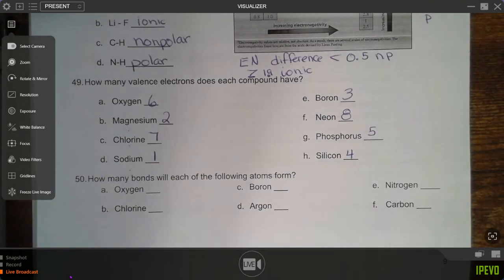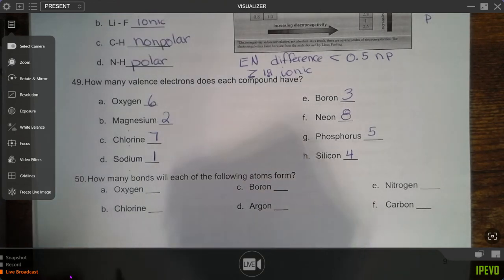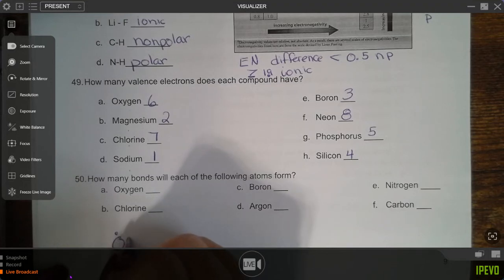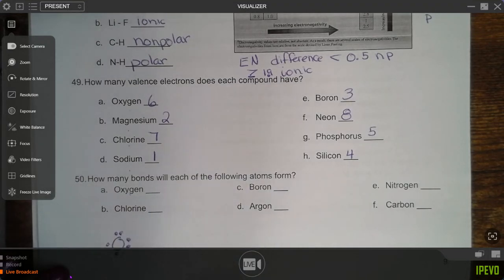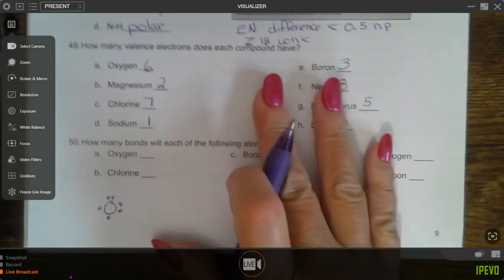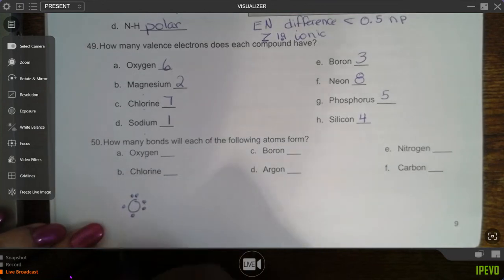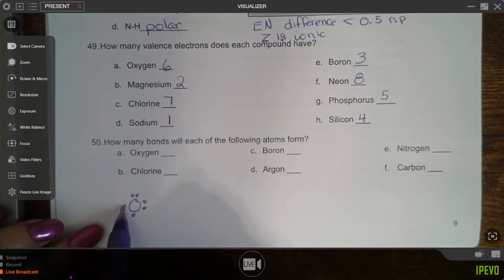How many bonds will each of the atoms form? Okay, so if you recall the way we figured this out, oxygen had 6 valence electrons, right? 1, 2, 3, 4, 5, 6. So an atom can form as many bonds as it has solo electrons.